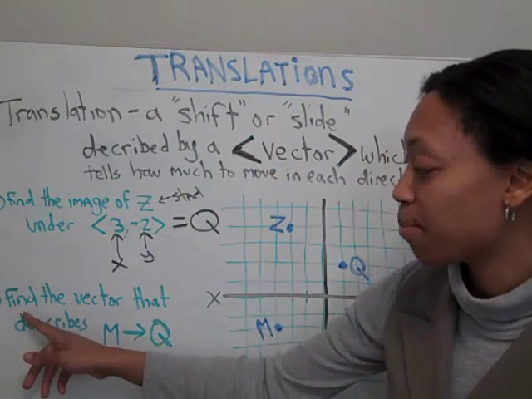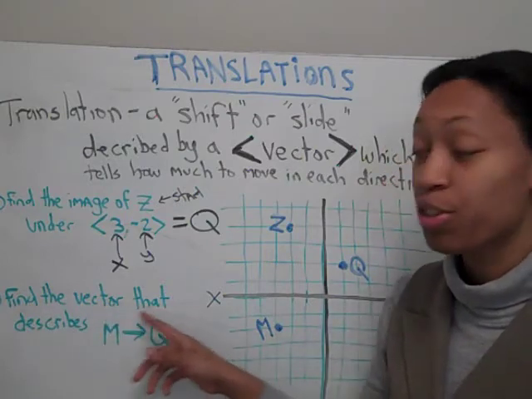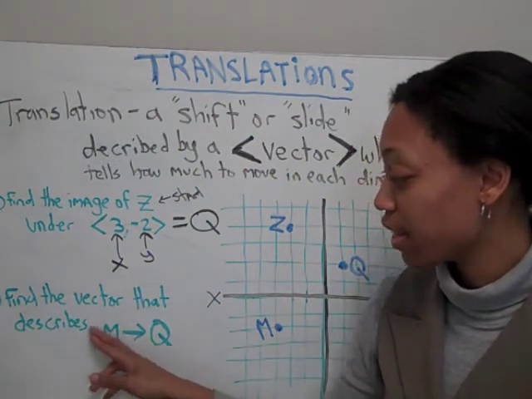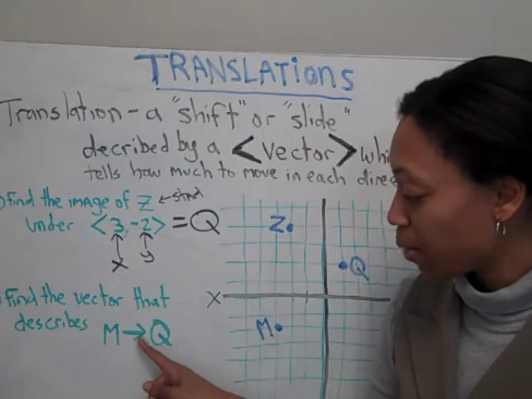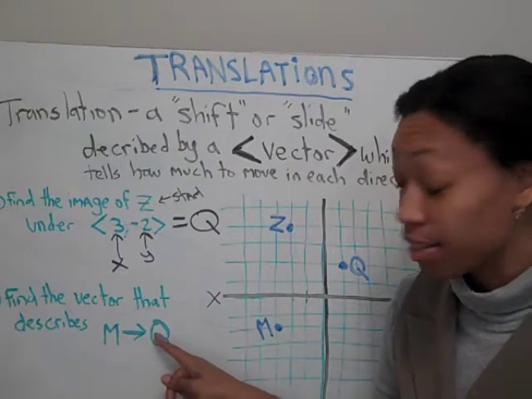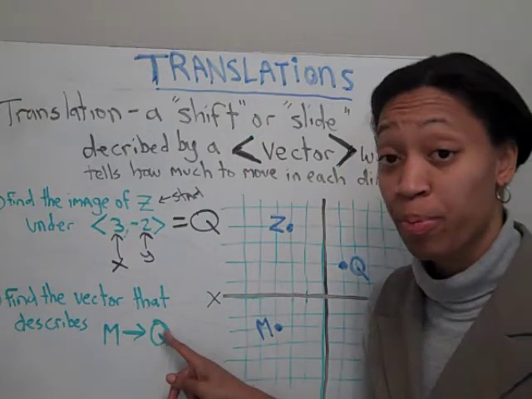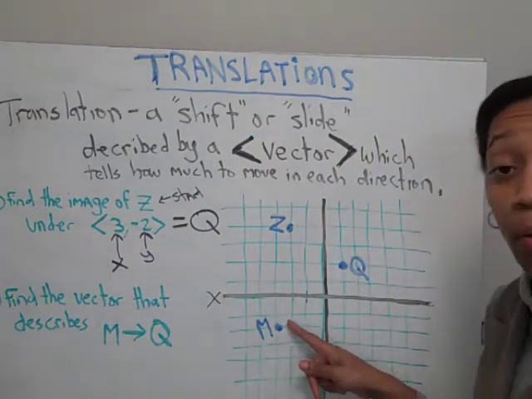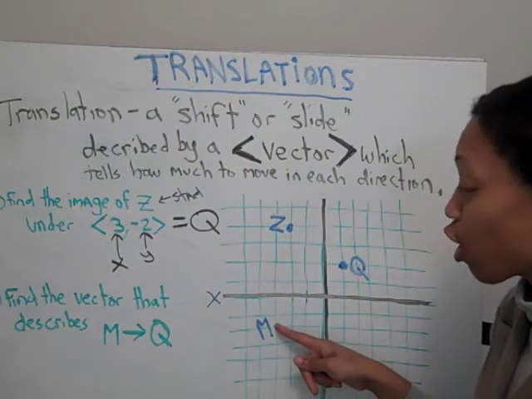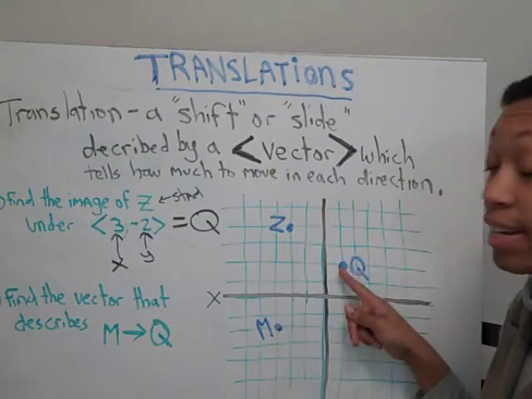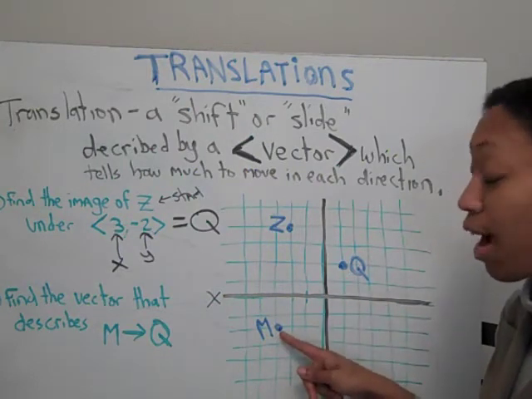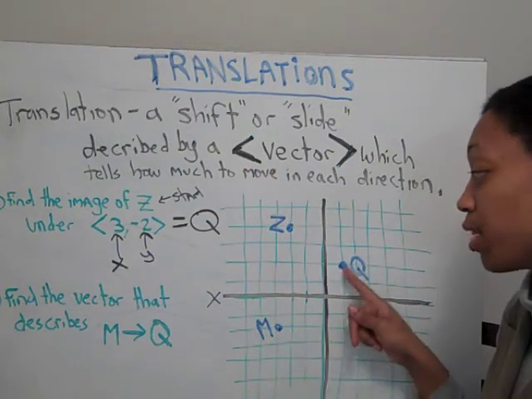Now, next example, find the vector that describes the translation that takes M, and this arrow means we're moving from M to Q. So what is the vector that goes from M to Q? Well, here's point M. If I start from point M, I'm trying to move and end up on point Q. How would I have to move to go from M to Q?